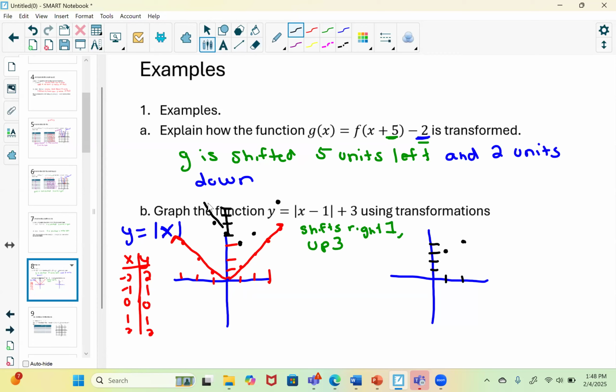And then we get our V again. And again, our V should be shifted right 1, up 3 from each point.